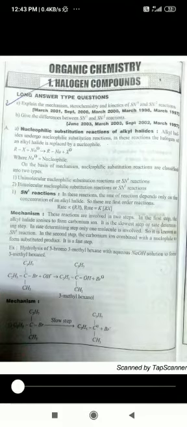These reactions involve two steps. In the first step, the alkyl halide ionizes to form a carbonium ion. It is the slowest step or rate determining step.